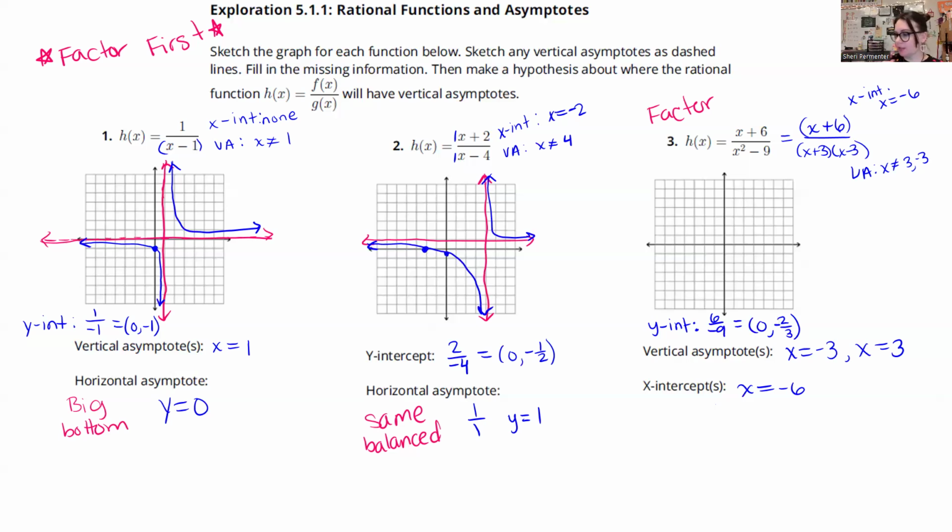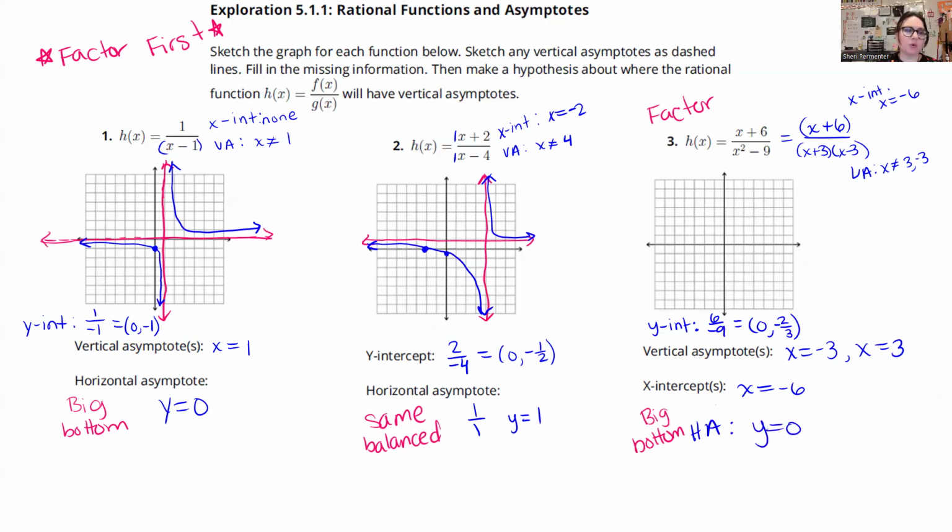Ooh, we don't have a horizontal asymptote. We need to figure that out. For my horizontal asymptote, it didn't ask for it, but I feel like we need it to graph. What situation do we have over here? We're looking at the degrees. Big old bottom. When we have a big old bottom, it's 0. So my horizontal asymptote: when we have a big bottom, y is equal to 0.